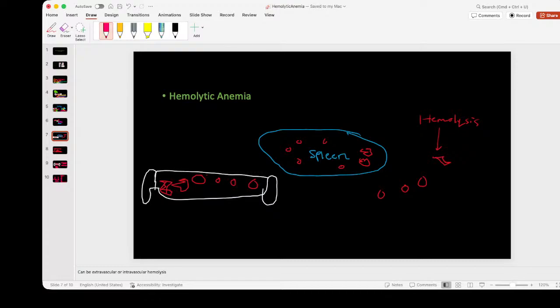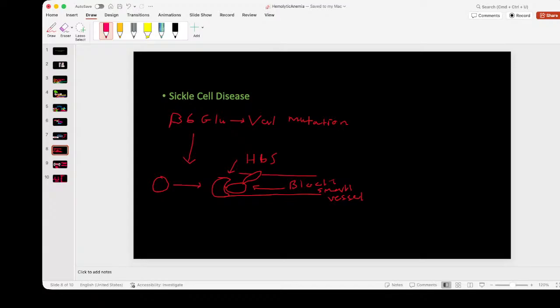The spleen is essentially used to destroy old red blood cells and those things in the process. So whenever there's hemolytic anemia, the spleen could be destroying red blood cells that haven't fully matured, and that's where hemolysis is occurring.